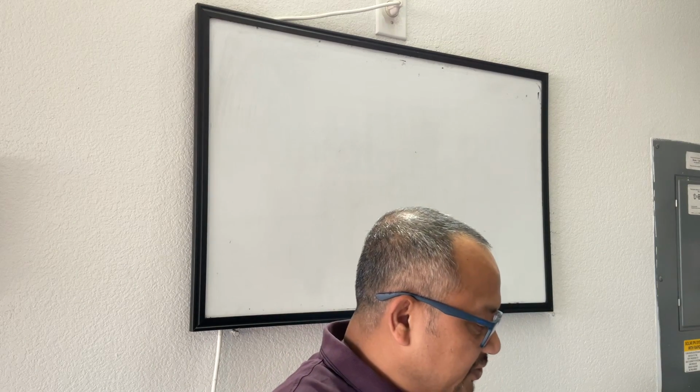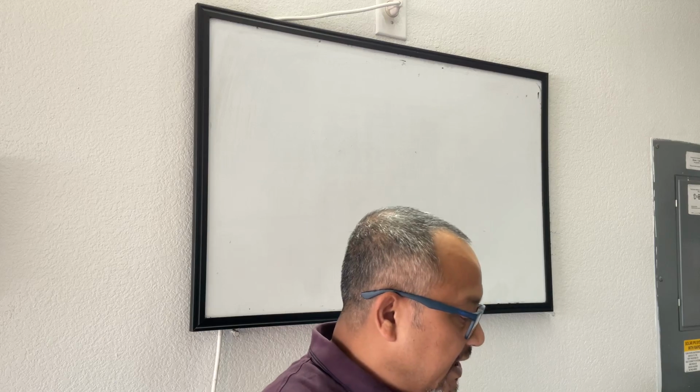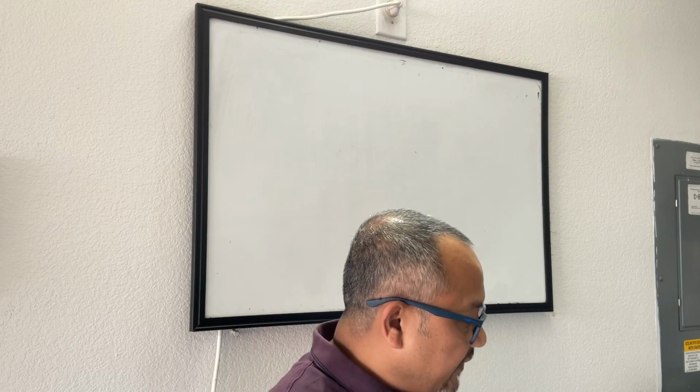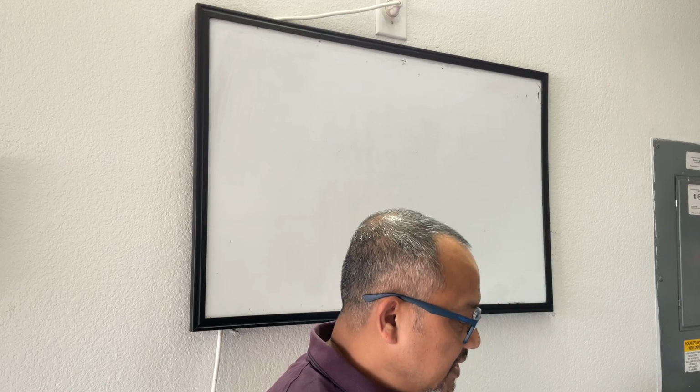I'm reading the question for you guys. Hear me out carefully. An architect has created a scale drawing for a residential townhouse in the shape of a rectangular prism.